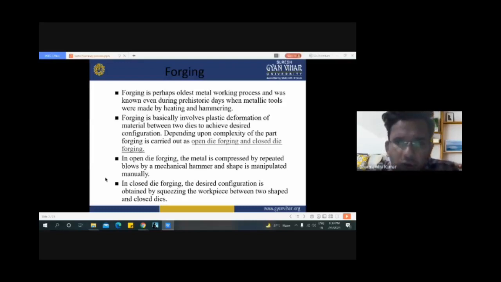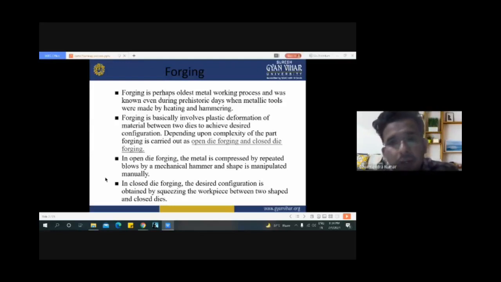The choice depends on how complex a part we have to make. In open die forging, the metal is compressed by repeated blows by a mechanical hammer and shape is manipulated manually. On the other hand, in closed die forging, the desired configuration is obtained by squeezing the workpiece between two shaped and closed dies.